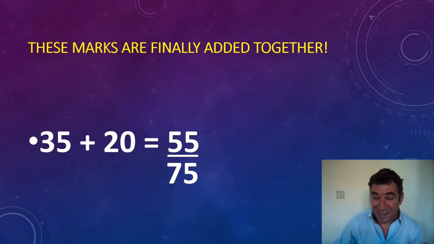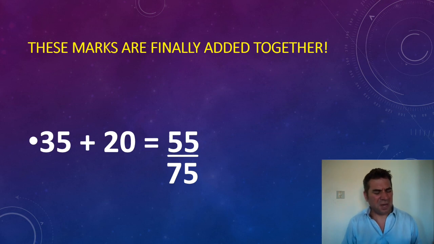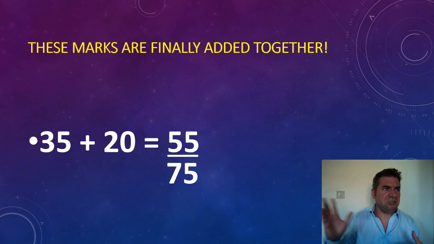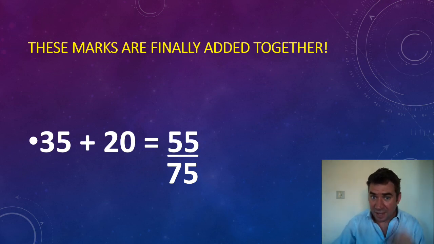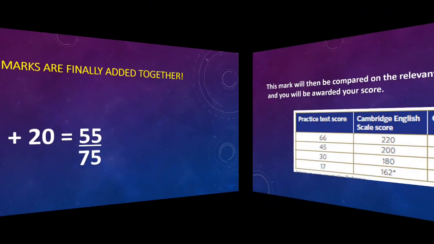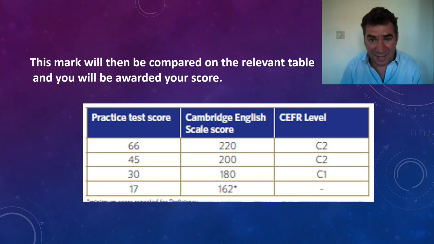As well as this, some of you might be saying, well, hang on a minute, in my statement of results I got 179. How did they get that number? Indeed a cunning question, my friend. Well, what Cambridge basically have is these little tables. Okay, we're looking at the Proficiency one here. That's why on the Cambridge English Scale Score, there'll be another video I'm going to do explaining that.